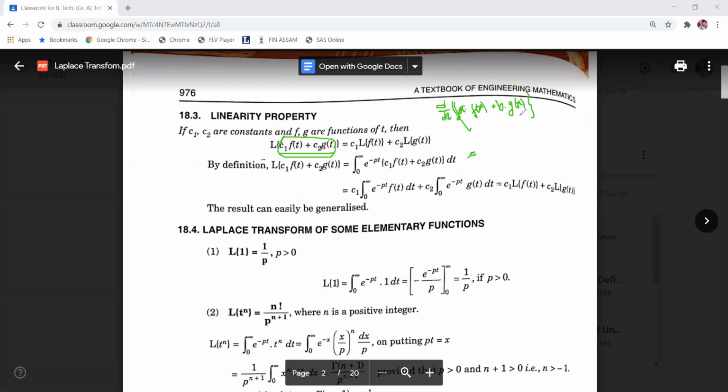Whether differentiation or integration, same thing. So a is a constant, so a will be outside. Then d/dx of f of x, plus again, b is a constant, take it outside. Then you will differentiate g of x. Is it not?